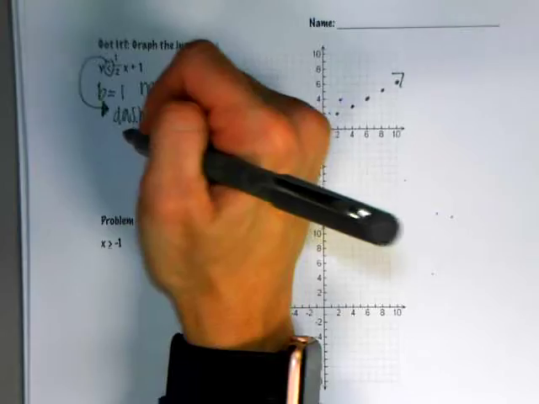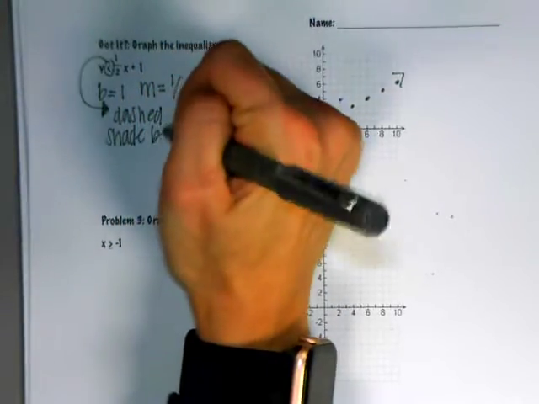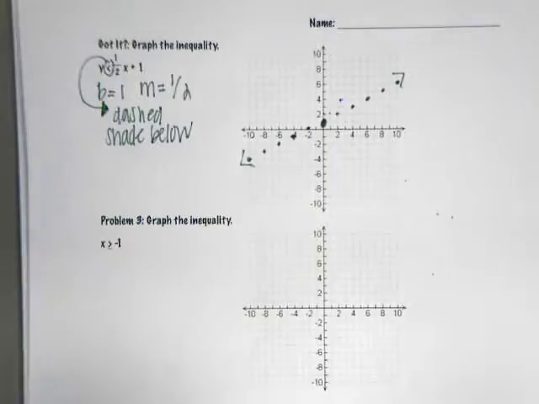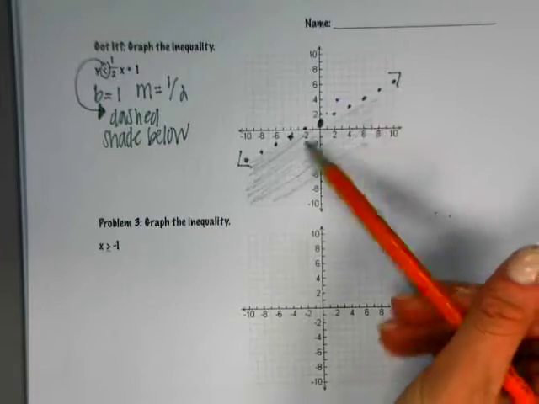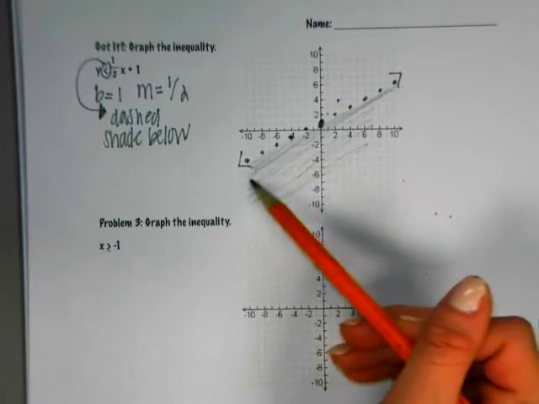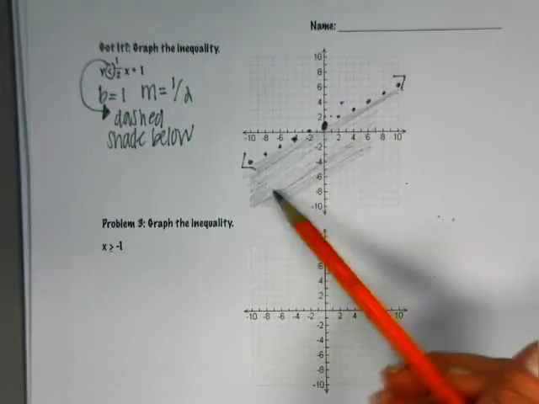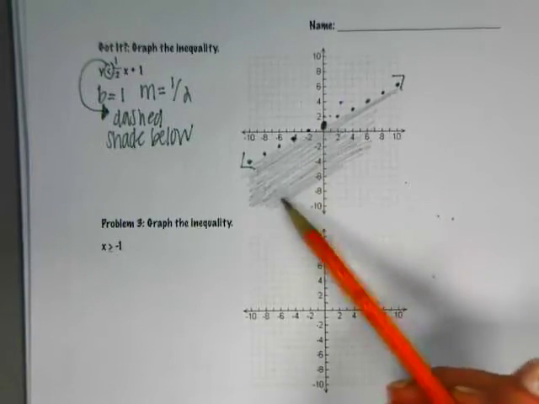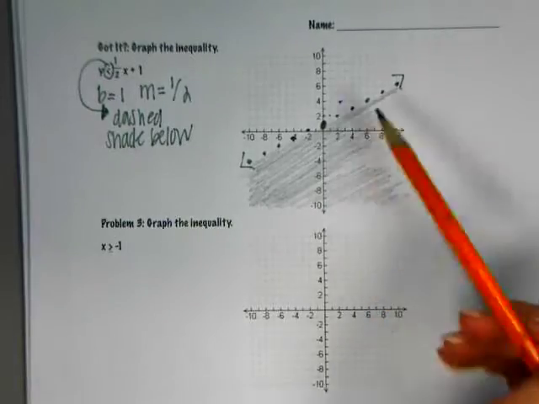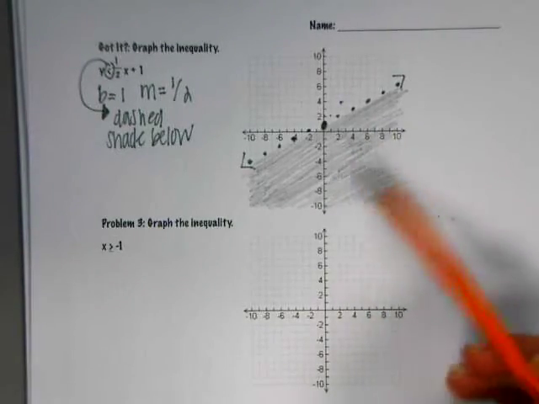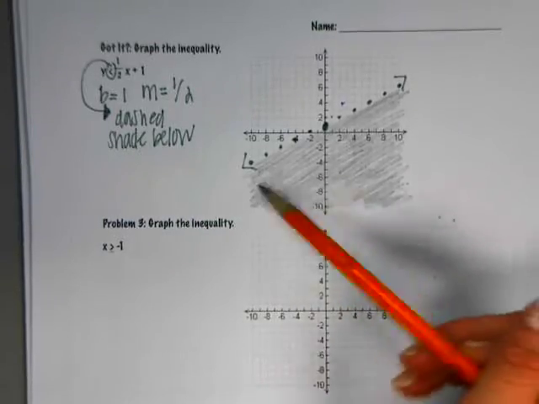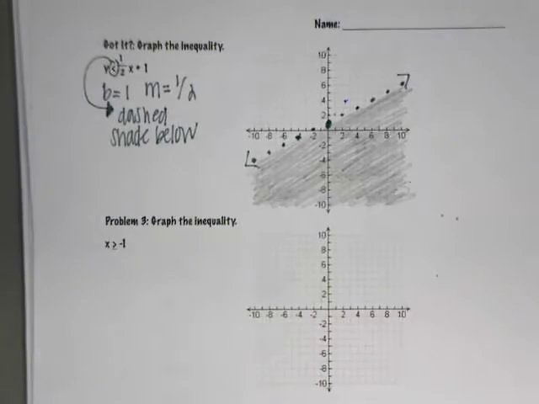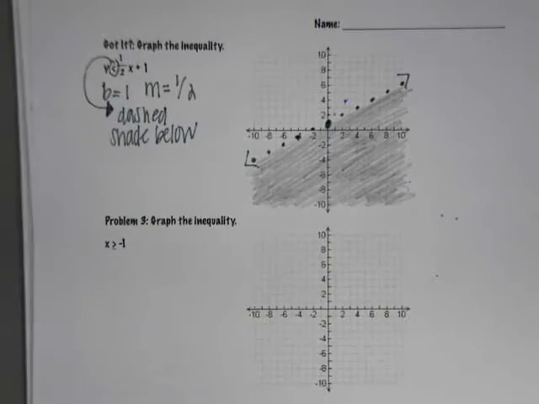And then shaded above or below? Okay, so down here. Okay. Good? Cool.